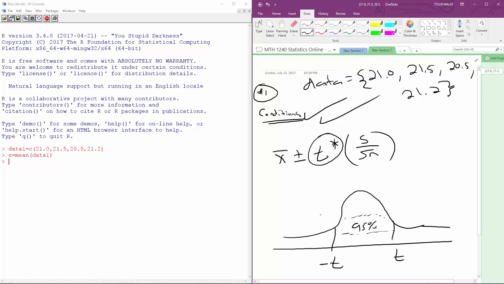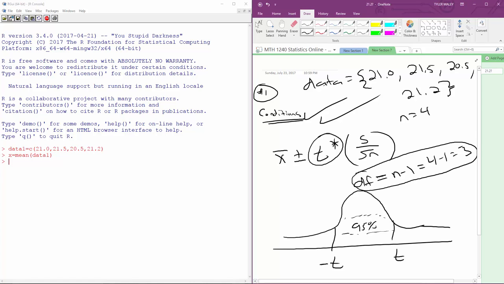Remember, with the t distribution, the curves look different depending on the sample size, so we let degrees of freedom denote how the curve looks. The degrees of freedom is equal to n minus 1, where in this case n is 4. I have 4 things, so this is 4 minus 1, which is 3.